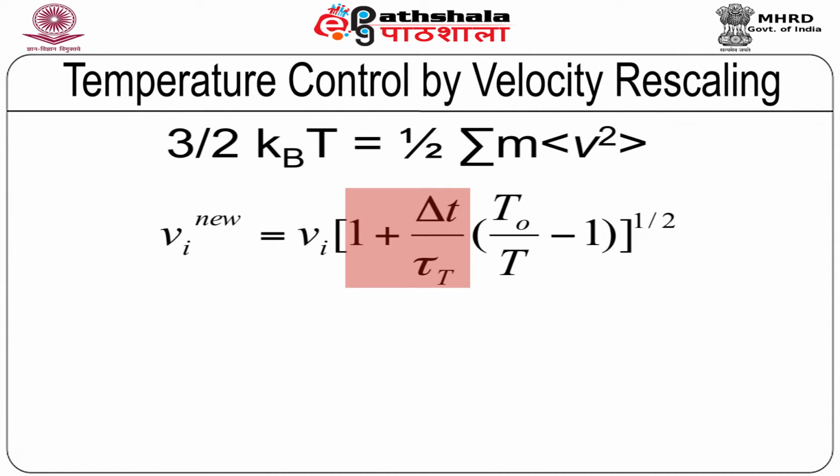So 1 plus something negative and smaller, that means this part will be smaller than 1, and so my new velocity v_new will be smaller than the present velocity v. So we will then substitute this newly calculated velocity in the previous equation, something like scaling down the velocities to continue the simulation.